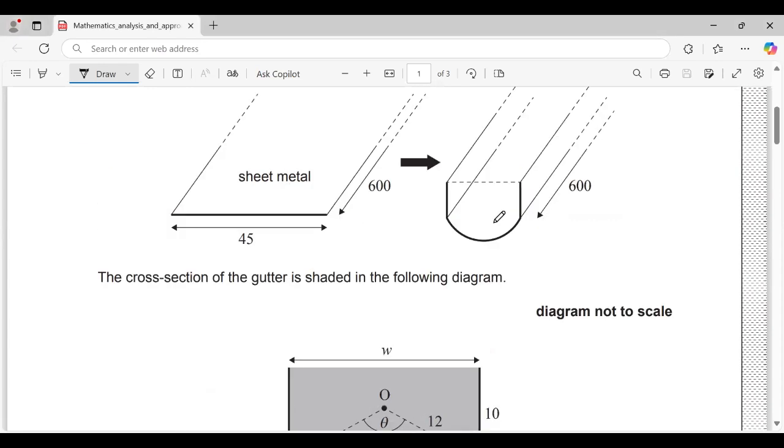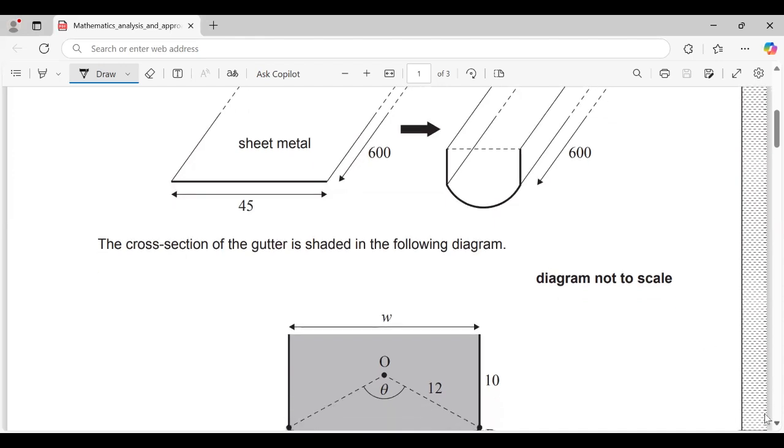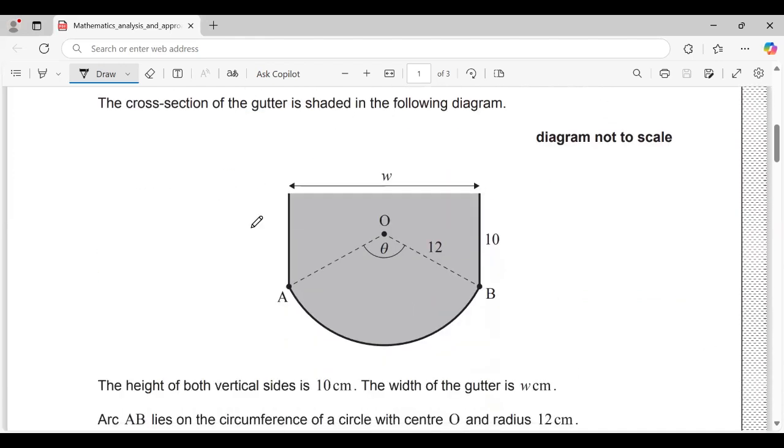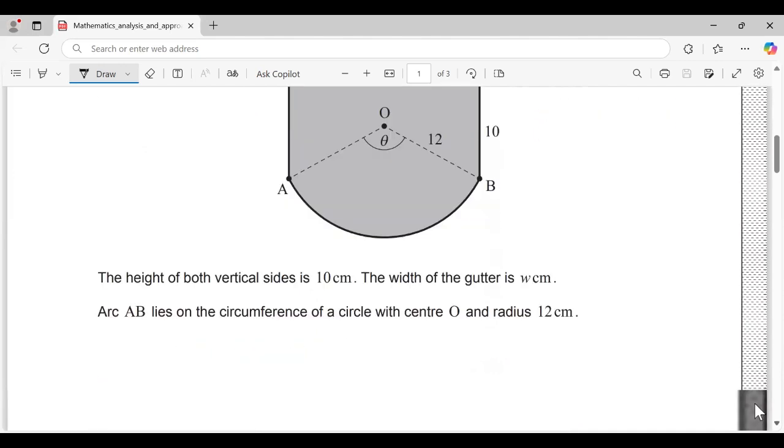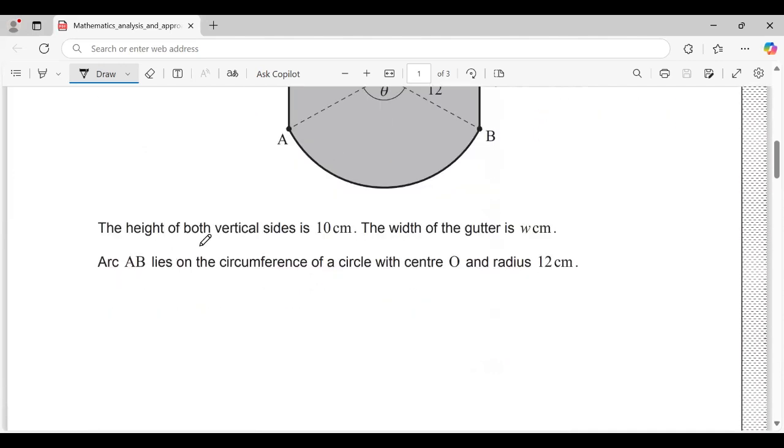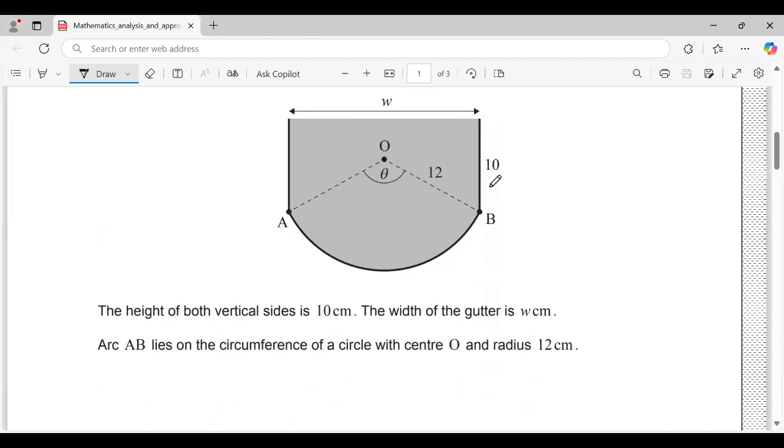The cross section of the gutter is shaded in the following diagram. The height of both vertical sides is 10 centimeters. The width of the gutter is W centimeters.